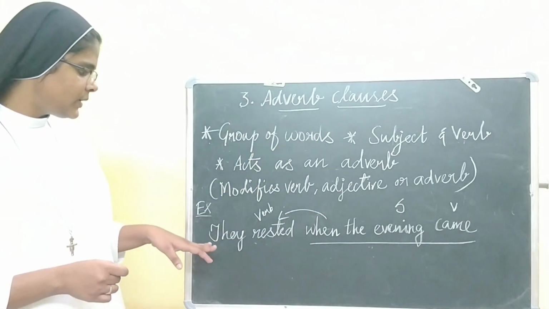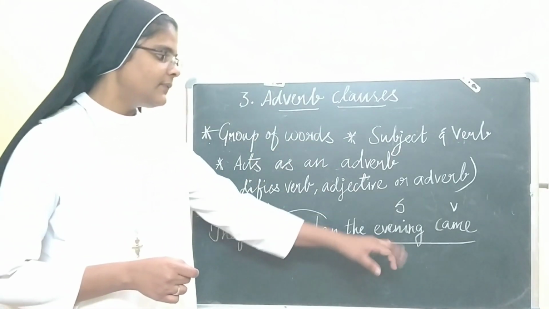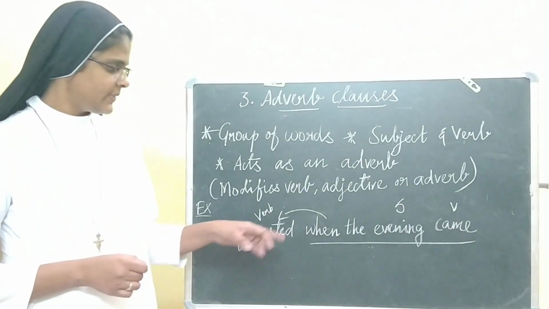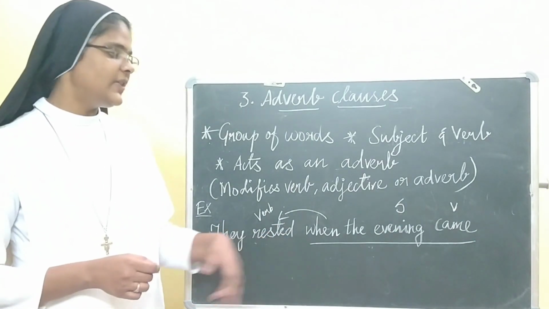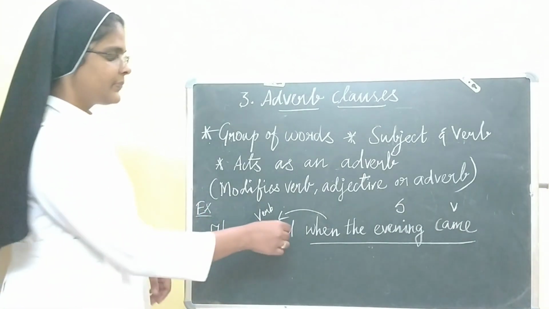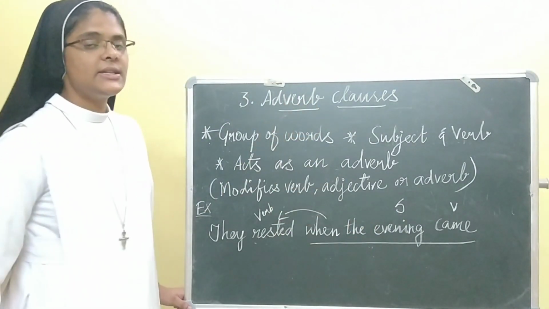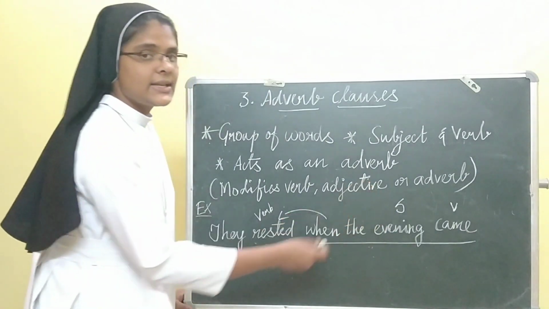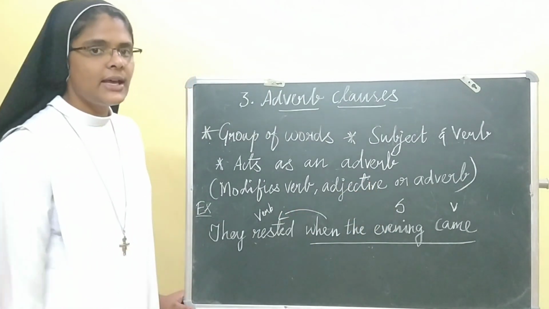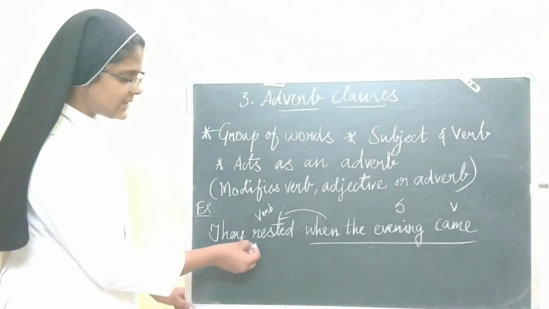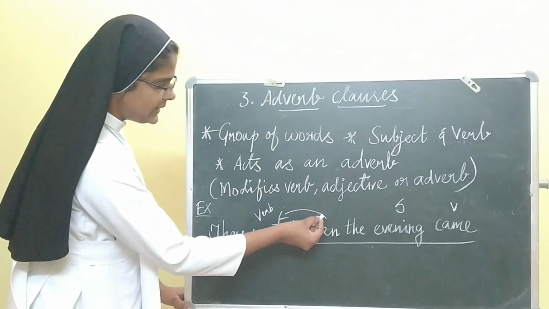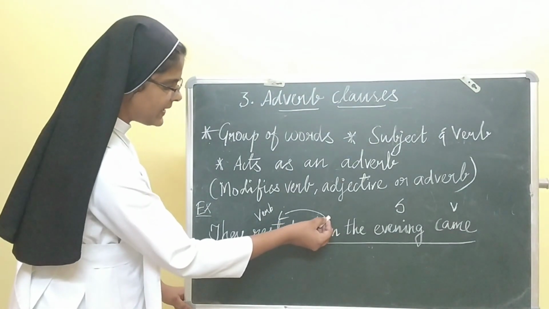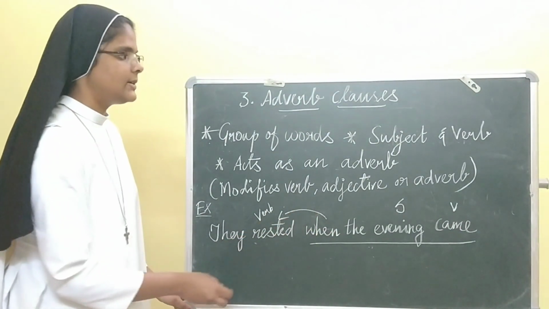For example, they rested when the evening came. When the evening came is an adverb clause. In this sentence, evening is a subject, came is a verb. Here rested is also a verb. So here it is describing the verb rested.